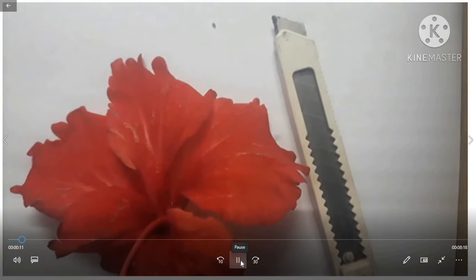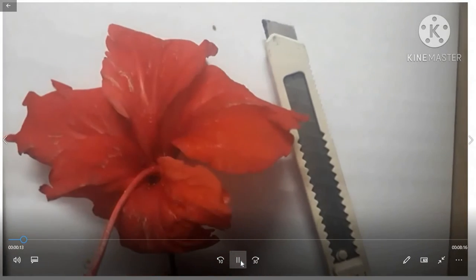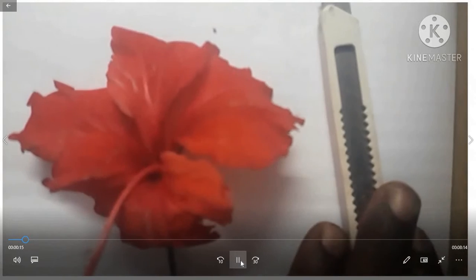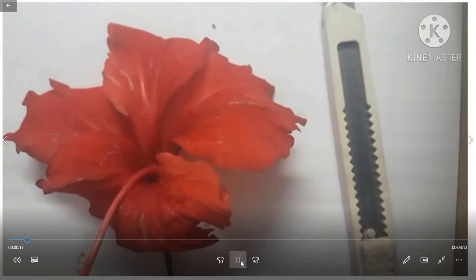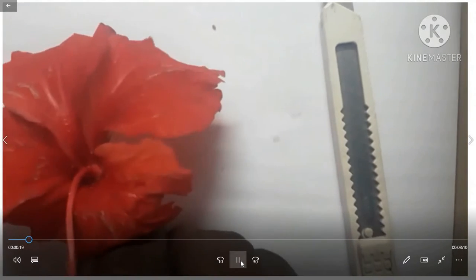Hello children, we have learnt about the different parts of a flower. Now we are going to see how to label and identify the different parts of the flower in a shoe flower. It is also called hibiscus, or the botanical name for hibiscus is Hibiscus rosa-sinensis.